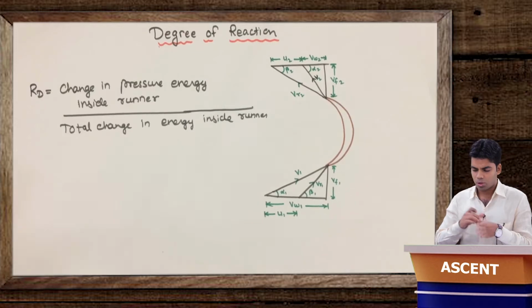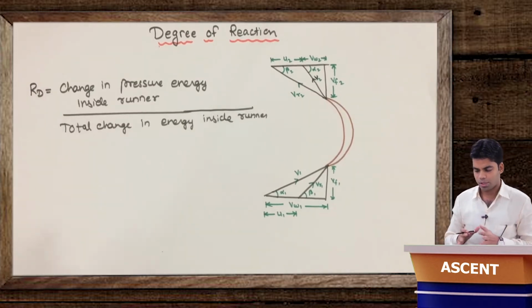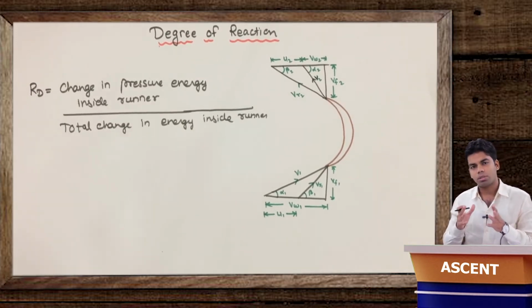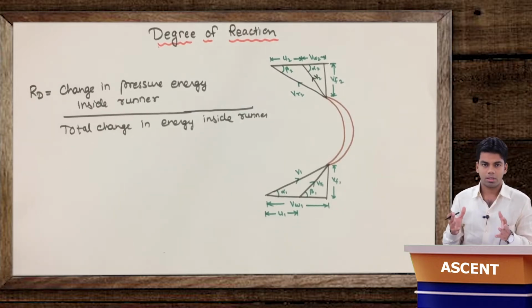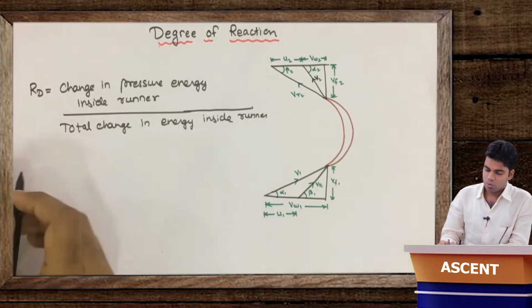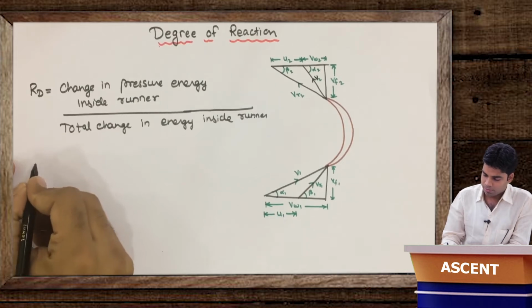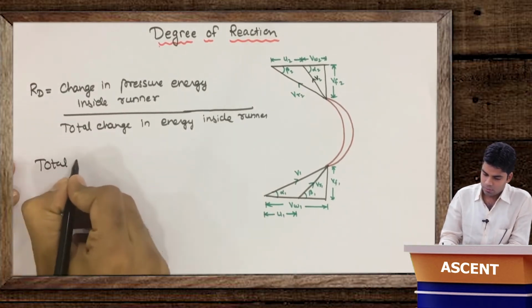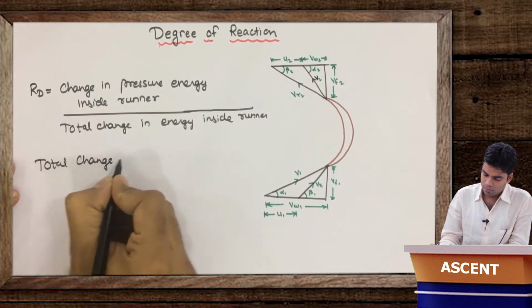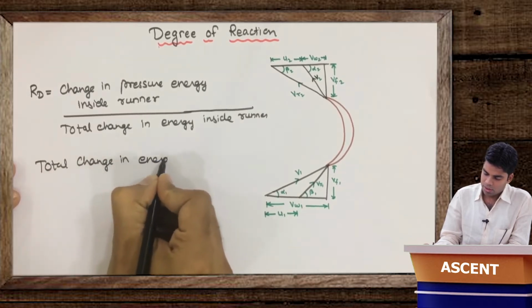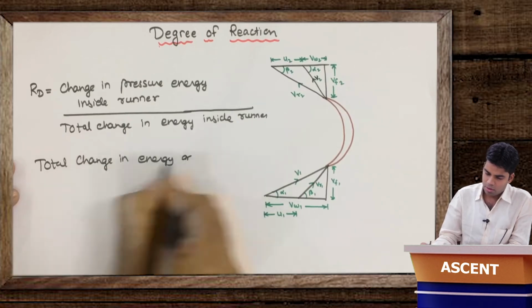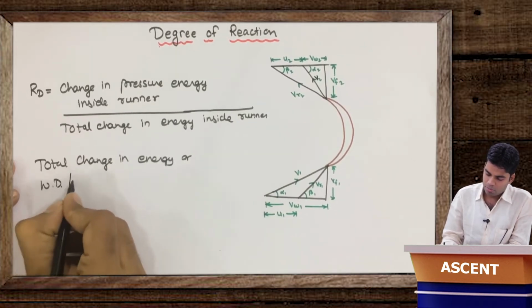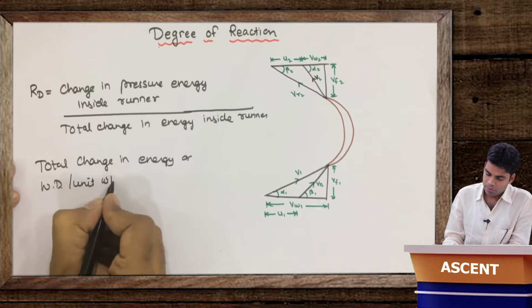Now before actually getting into the degree of reaction, let us first determine how much total change in energy occurs inside the runner. So the total change in energy, or you can call it work done per unit weight per second.